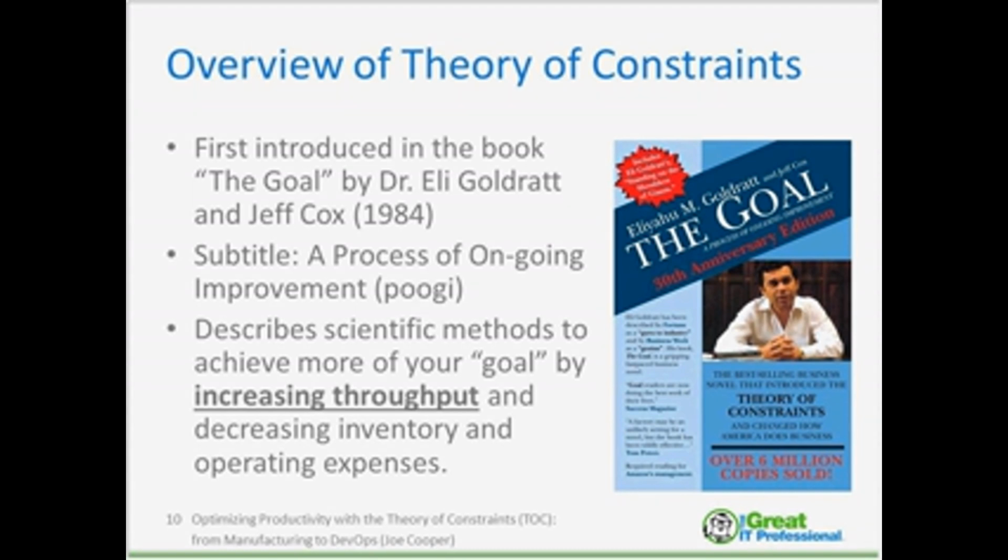And these scientific methods help to achieve more of your goal by increasing throughput primarily. So if you think of throughput as flow, increasing throughput is the primary focus within the theory of constraints, but also decreasing inventory and also decreasing operating expenses.